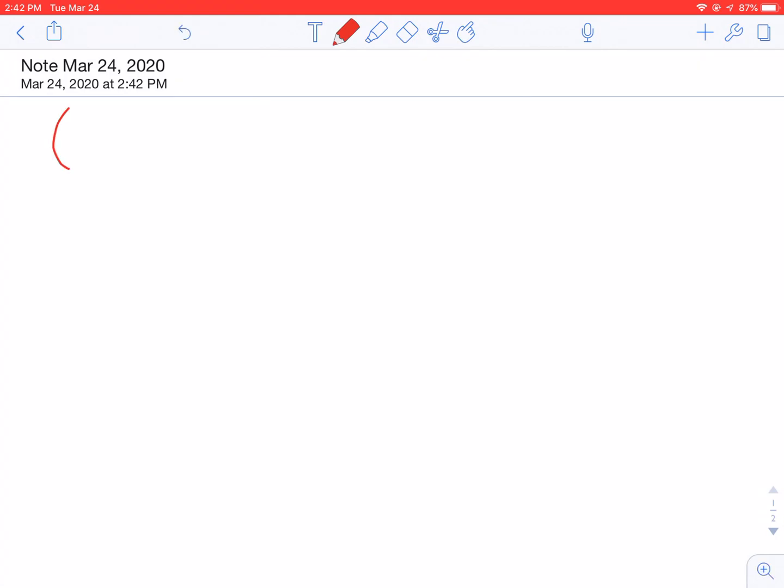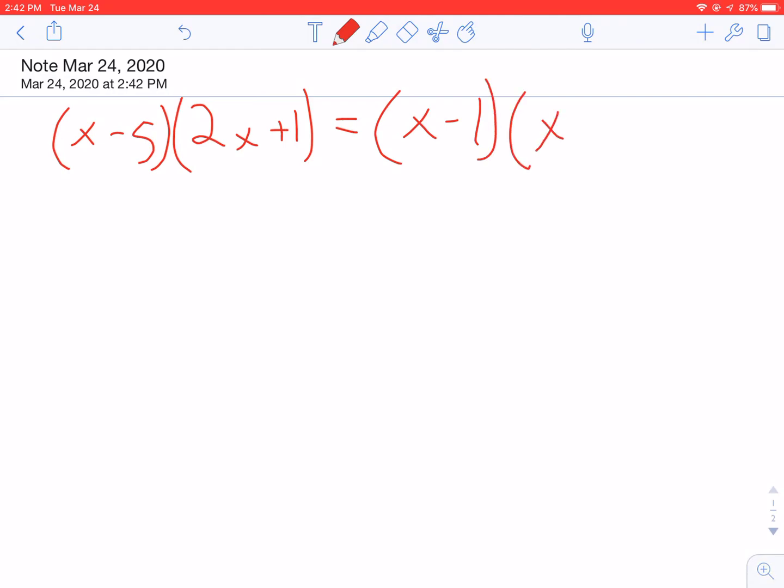So I'm going to copy down what I had: x minus 5 times 2x plus 1 is equal to x minus 1 times x minus 2. So we did the cross multiplication.